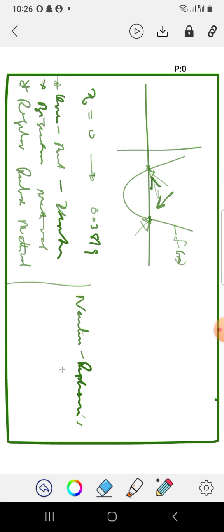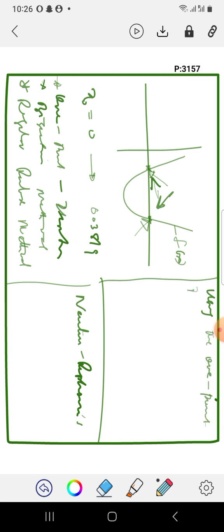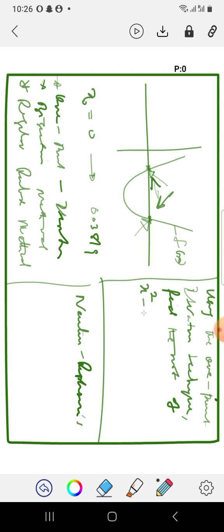All right, so let me give you a brief assignment. Using the one point iteration technique, find the root of x squared minus 4x plus 2 equal to 0.